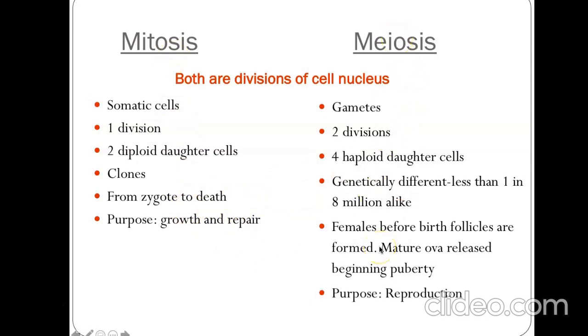You're like, wait a second, why didn't you talk about meiosis in males? That's because it's just happening all the time, like forever, apparently. So in females, it happens before birth. All of her eggs are made. Males, they're just going to make sperm forever, I guess.